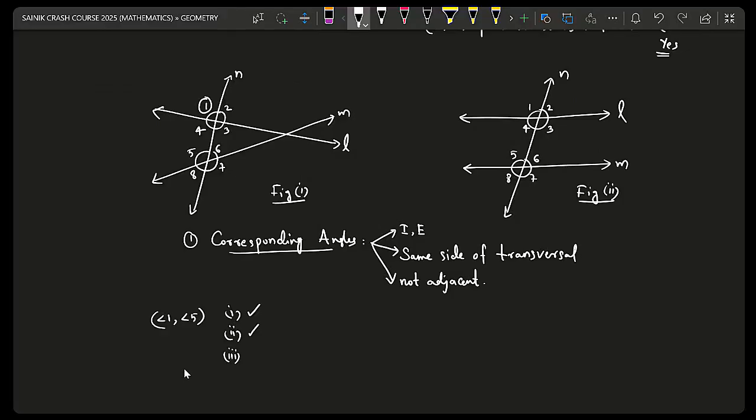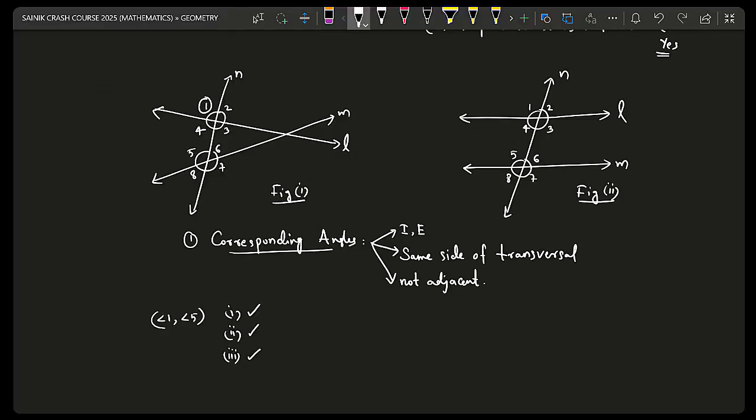We know about adjacent angles from the previous discussion: they have a common vertex, a common arm, they are coplanar, and they do not have any common portion. 1 and 5 are not adjacent angles, so this is satisfied. If all three conditions are satisfied, we can say they are corresponding angles. So I got one pair of corresponding angles, 1 and 5. In figure 1 they are corresponding, and in figure 2 also they are corresponding. Now I want anybody from you to say whether any more corresponding angle pairs are possible.